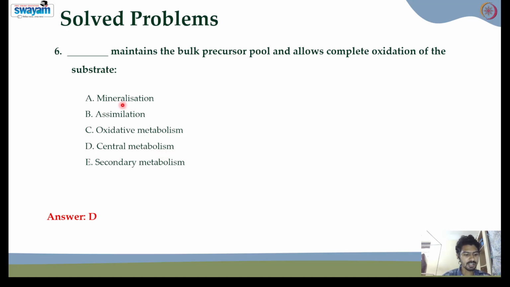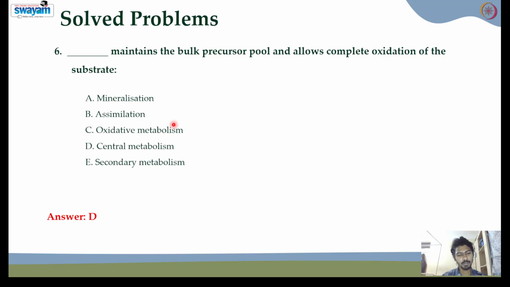If you see mineralization, it is a decomposition process. What happens here? The organic matter is converted into inorganic substrates. So it doesn't maintain the bulk precursor pool. Whereas assimilation is nothing but incorporating nutrients from the environment into the organism, so it is in no way connected to oxidation of the substrate. In the case of option C, oxidative metabolism, central metabolism itself includes the oxidative metabolism.